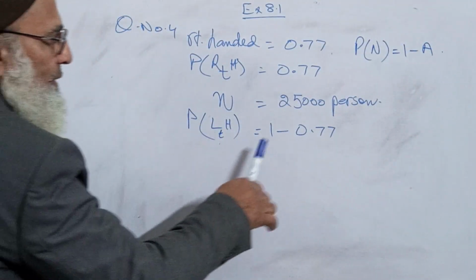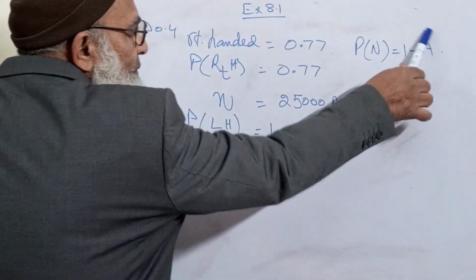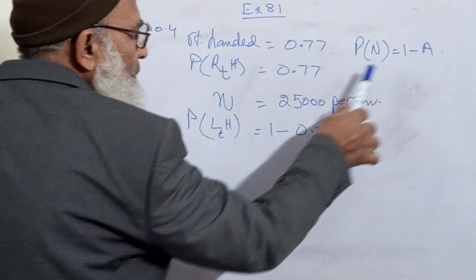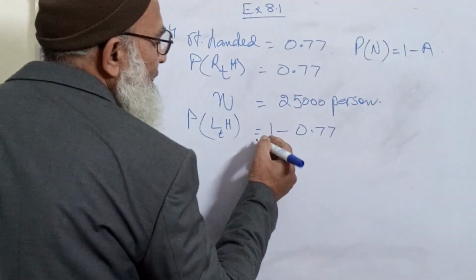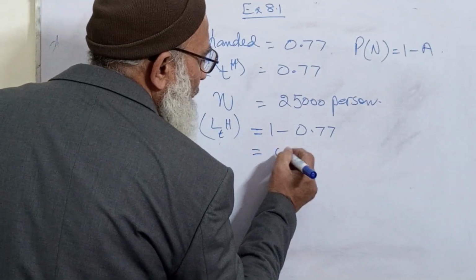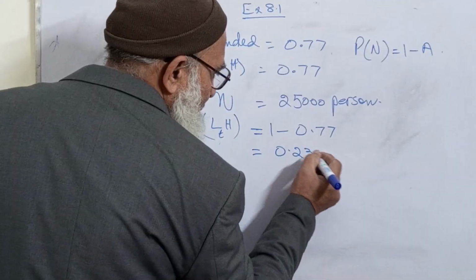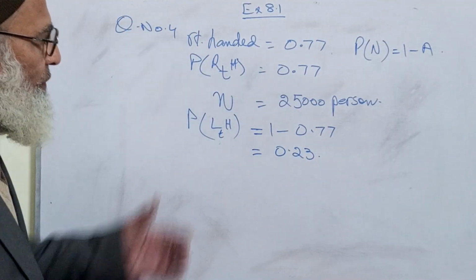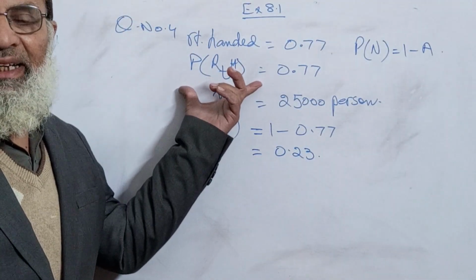So, similarly, you see that this probability, we know this probability, that is 0.77. So 0.77, it will become 0.23. The probability of not having right-handed.